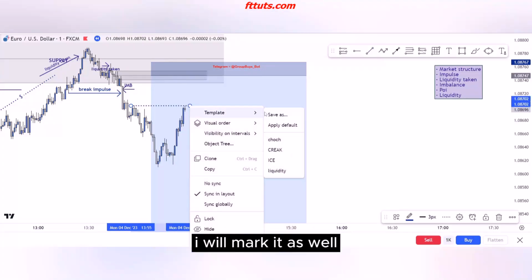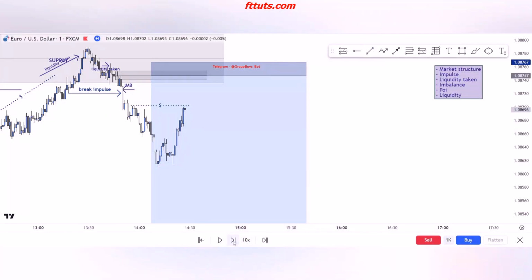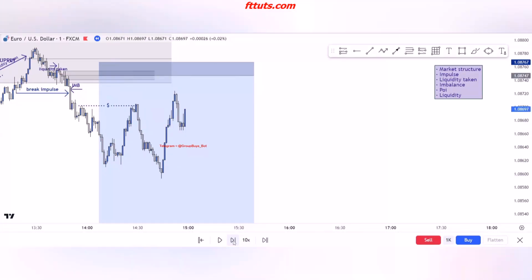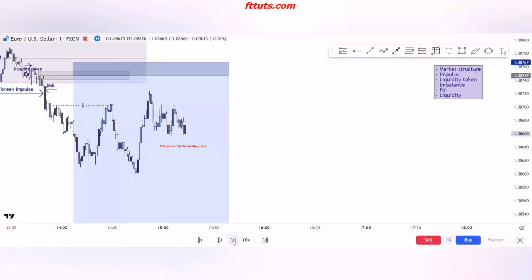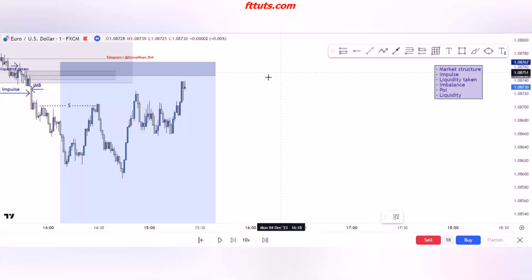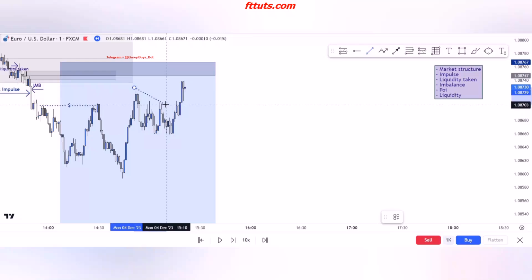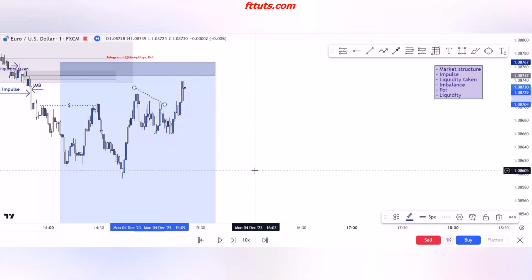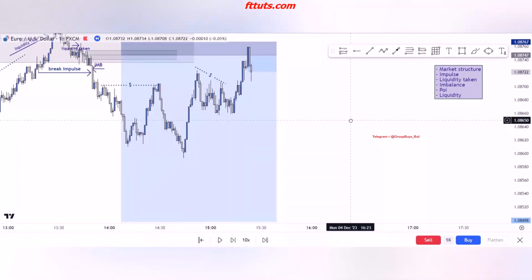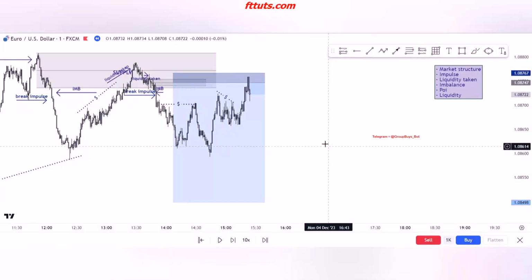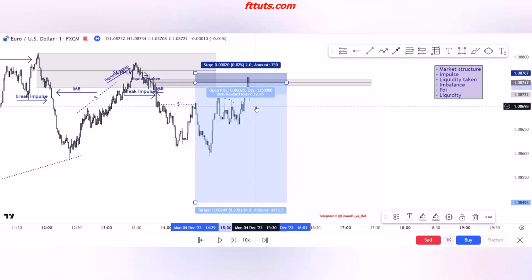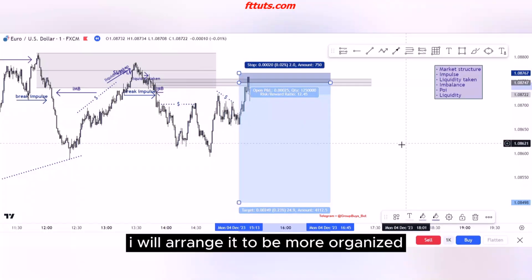I will mark it as well. And that's liquidity. I will arrange it to be more organized.